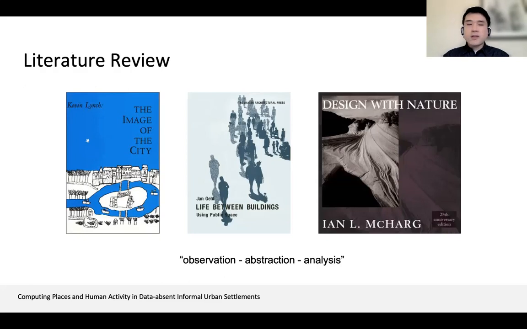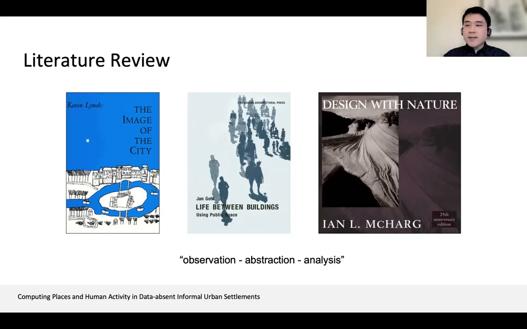Because the perception of a site is very contextual and situational, and usually based on personal experience, conventional methods are usually qualitative, not data-driven. This is why the conventional perception of a place or the site survey is largely based on manual observation, human-conducted surveys, and interviews.